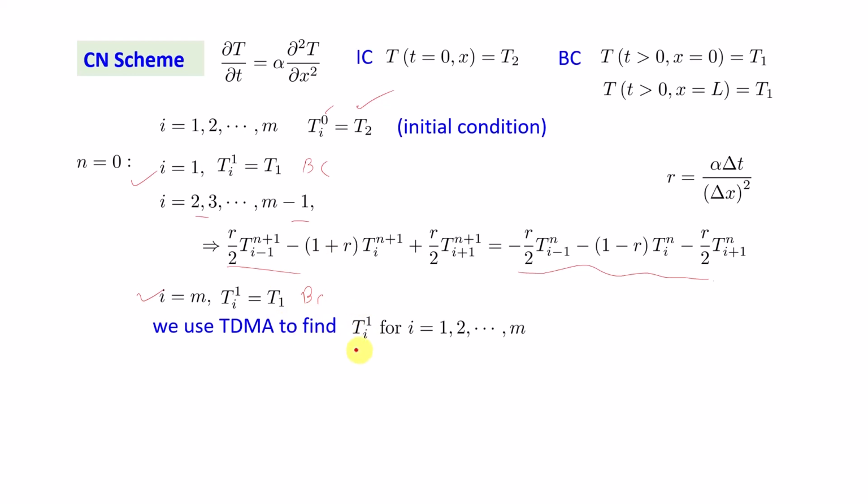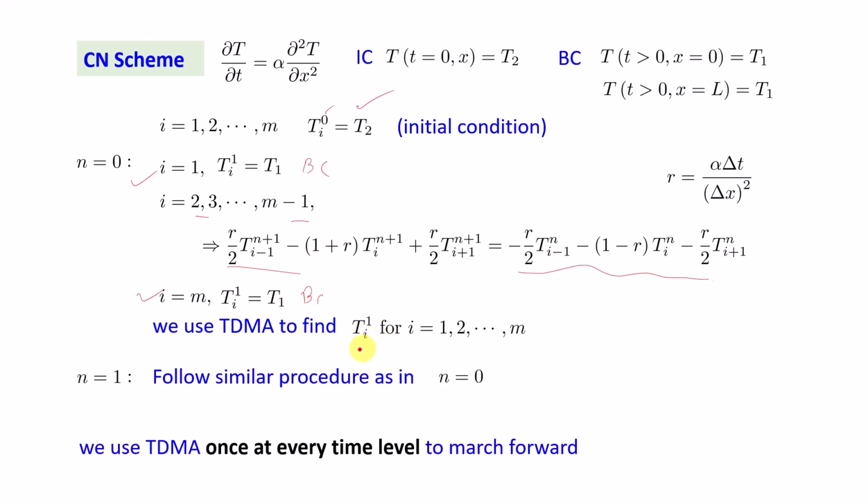Once we get time level 1, we can move forward, and at n equals 1 we follow a similar procedure as we did for n equals 0. This right hand side will change because the time level here is changing. So at every time level we have to use this TDMA as much as we did in the implicit method. We have to do that, and then finally we'll get the solution up to our desired time level or up to the steady state.